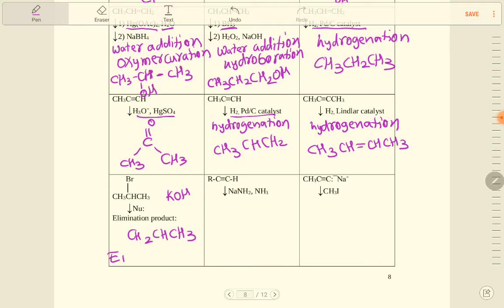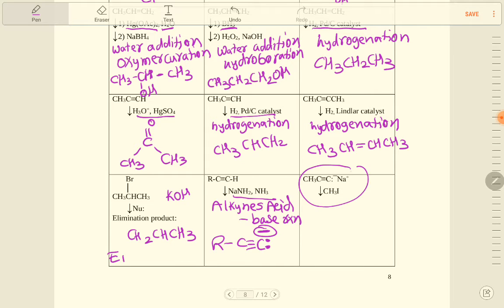So this is an alkyne acid-base reaction. As soon as you see that, it's an alkyne acid-base reaction. You need to find out what kind of reaction this is, and you can apply.